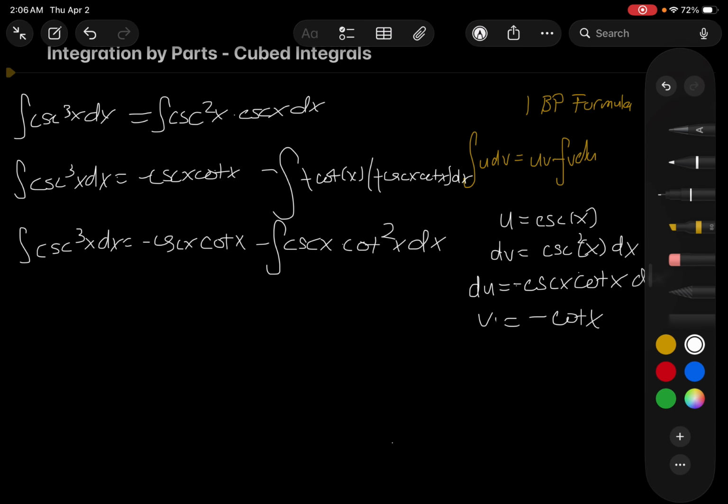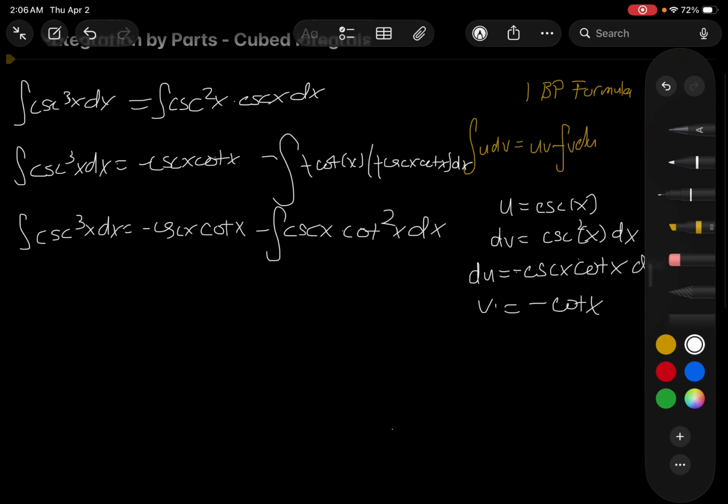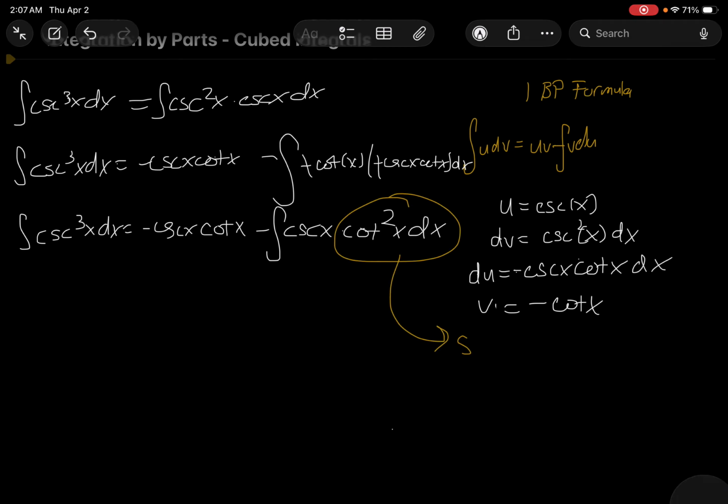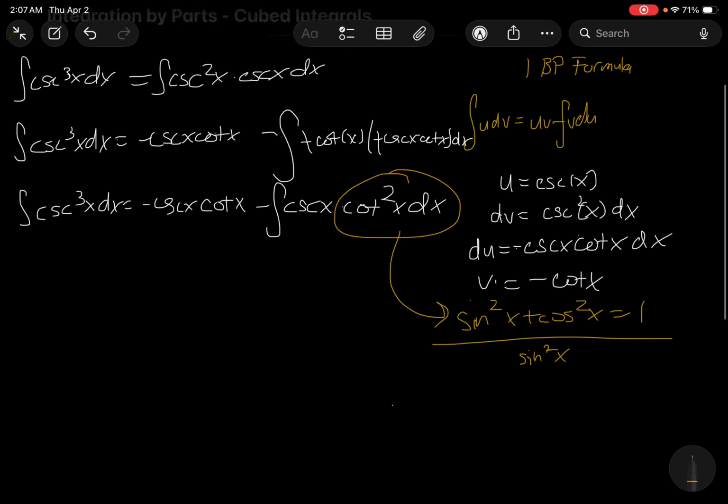Alright, so cotangent squared of x, this is one of our formulas that we had to remember. So I hope you guys remembered this from pre-calc. Sine squared of x plus cosine squared of x equals 1. Remember that cosine over sine is cotangent. So we're going to divide everything by sine squared of x.